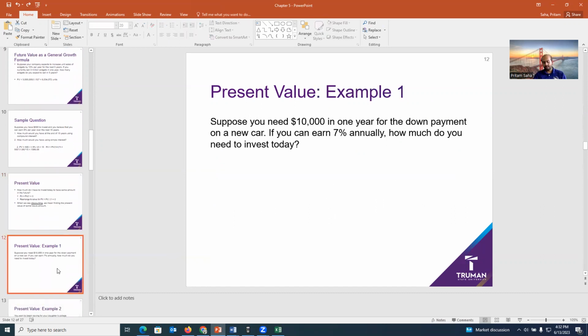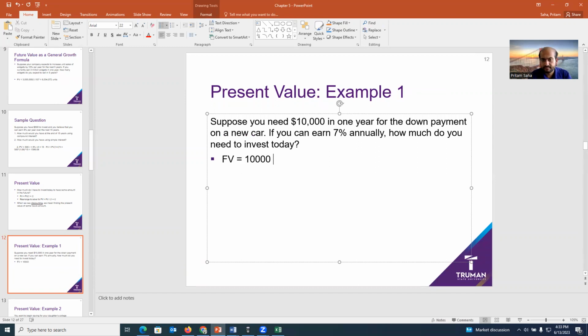Now again, pause the video and do it with me, okay? Suppose you need 10,000 in 1 year. That means the future value at the end of 1 year is 10,000, at 7% annually.